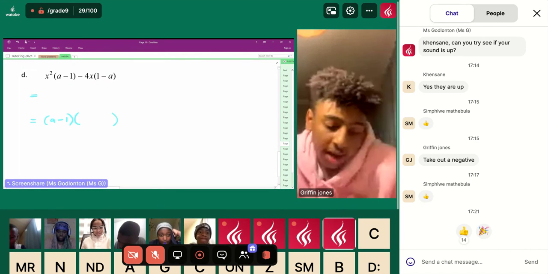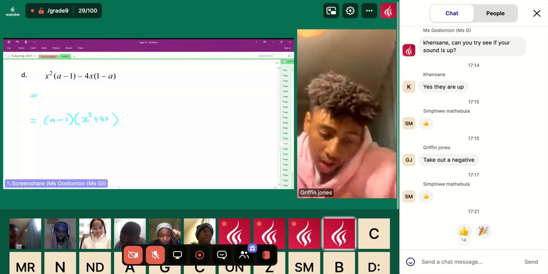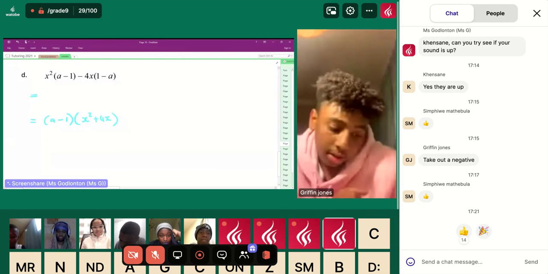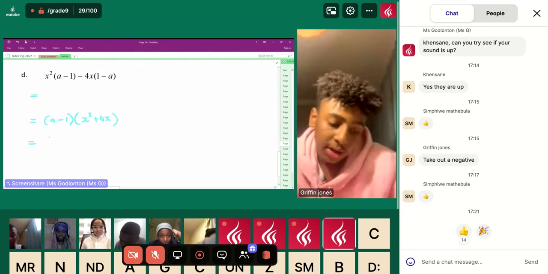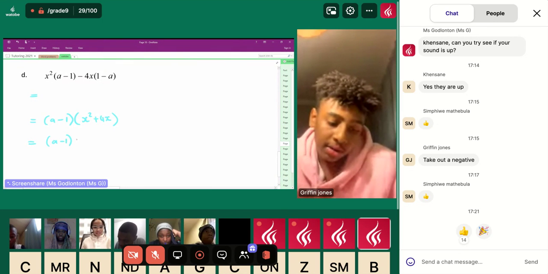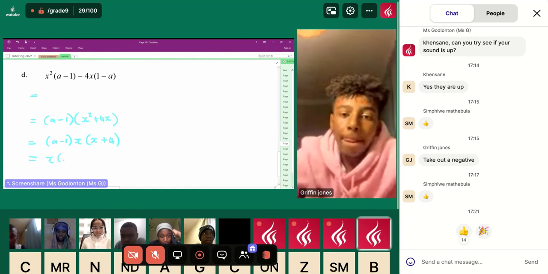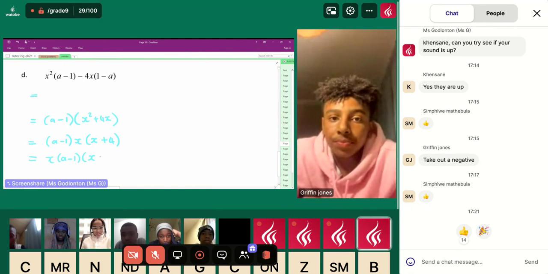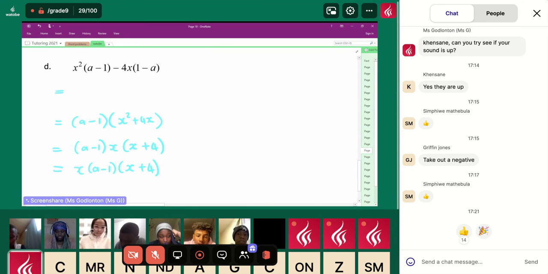Then I had x squared plus 4x. Good. And then I continued with the a minus 1 as a common bracket. Then I took out x, and then I was left with x plus 4. Excellent. That's really, really great. And I'm just going to move this x to the front, but what you've written is absolutely fantastic. Well done.